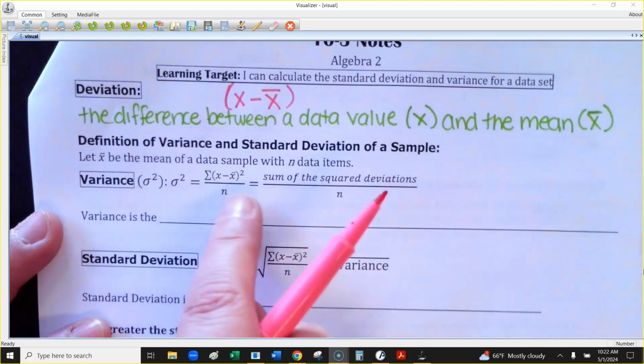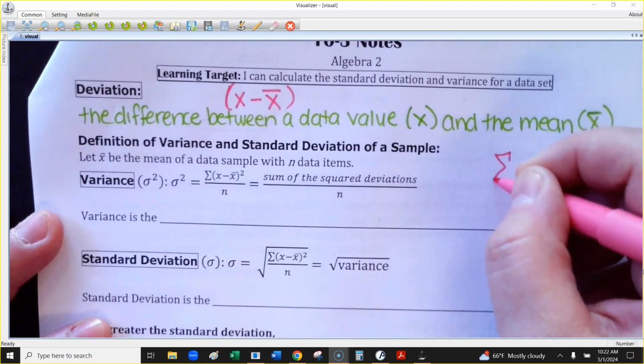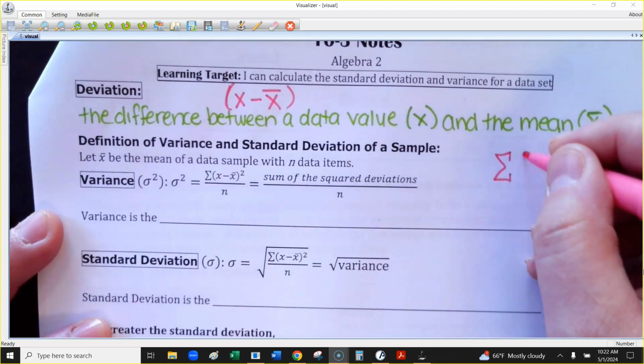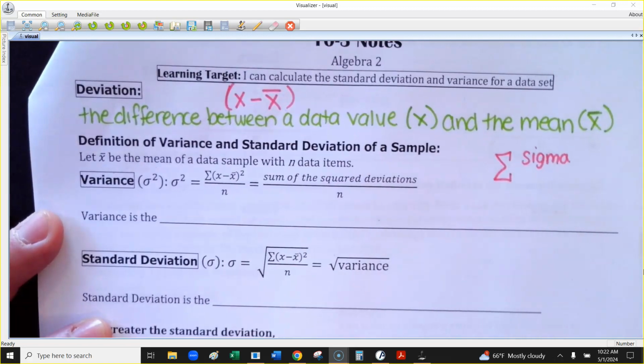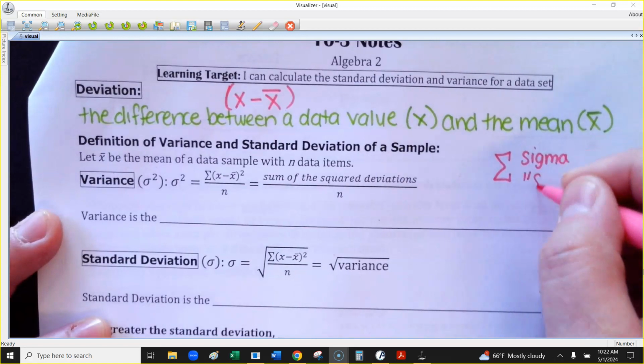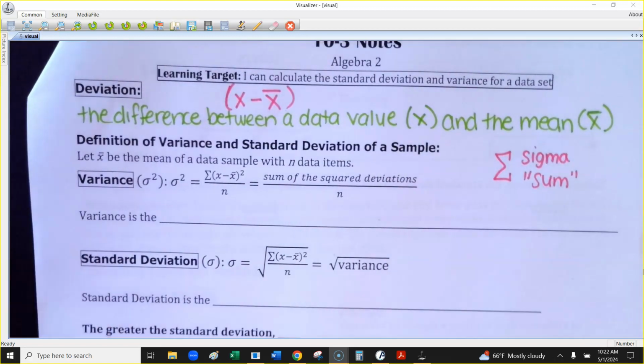But this symbol is a Greek letter, it's sigma. Did you see this in chemistry or physics or something? Yes, it just means the sum. You're just going to add up all the deviations from the mean.